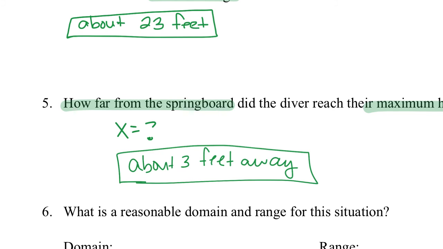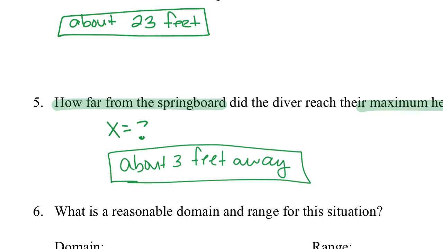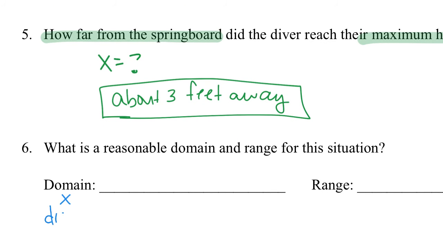And last but not least, let's talk about a reasonable domain and range. So domain deals with our x's. So in this case, this is dealing with distance away. Okay, so the smallest distance away from the springboard is 0. That happens when you're actually on the springboard. 0 is less than or equal to x, less than or equal to.